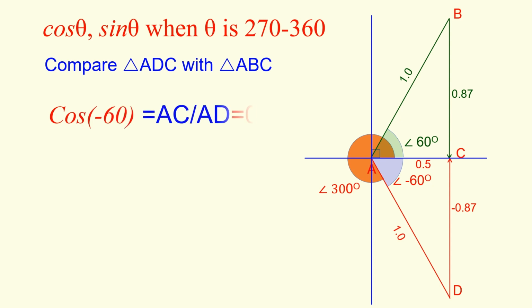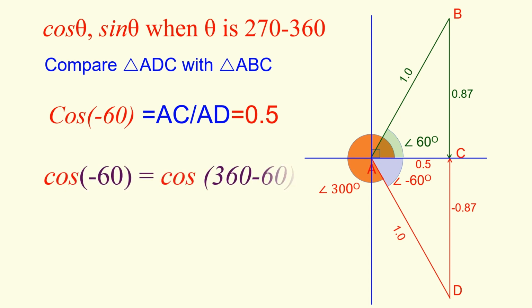Compare triangle ADC and triangle ABC. Cos minus 60 equals AC by AD, or equals 0.5. Or we can say cos minus 60 equals cos 60, which implies cos minus theta equals cos theta.